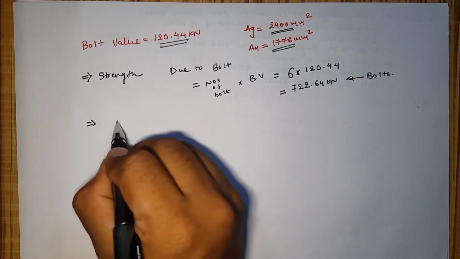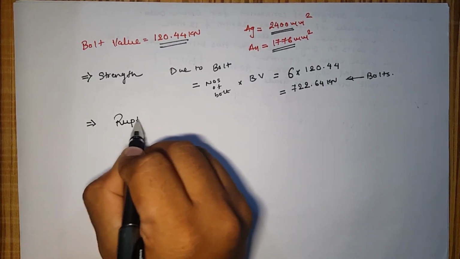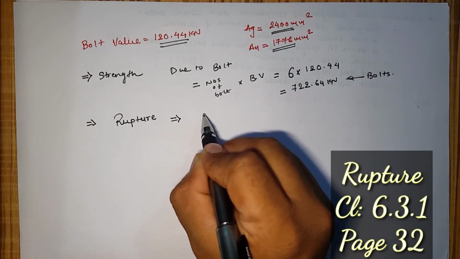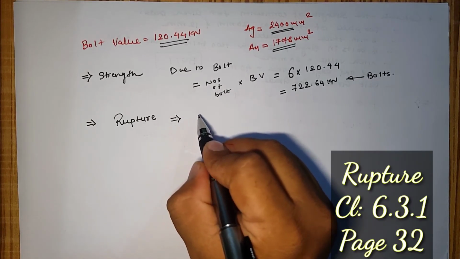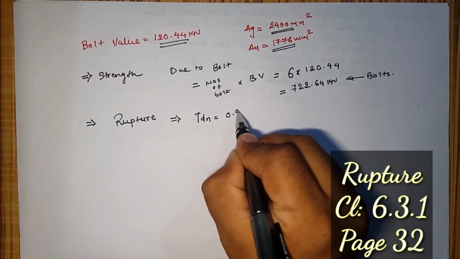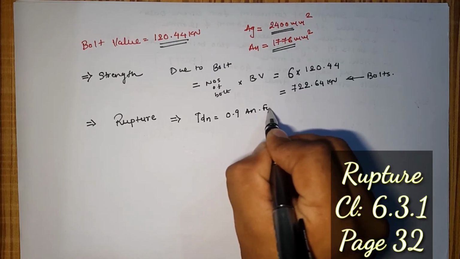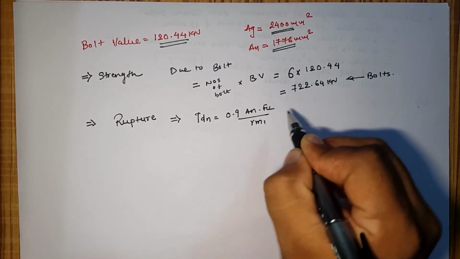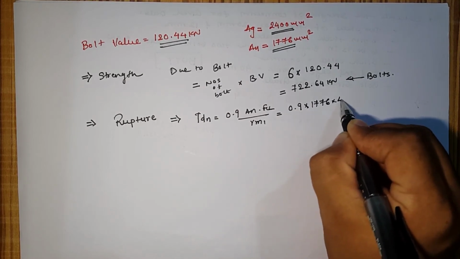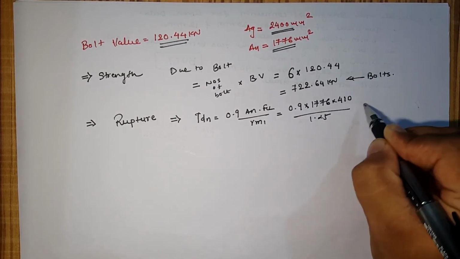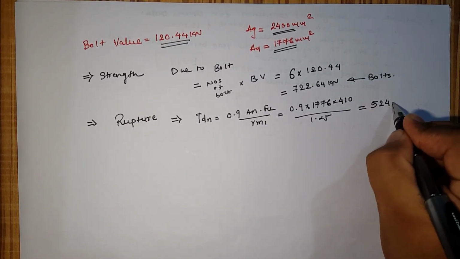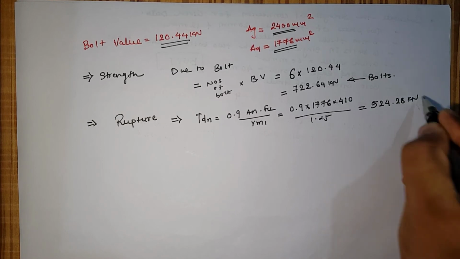Now the next strength is due to rupture, and according to IS 800 2007 page number 32, the equation is TDN equal to 0.9 AN FU by gamma M1, which is equal to 524.28 kilonewton.